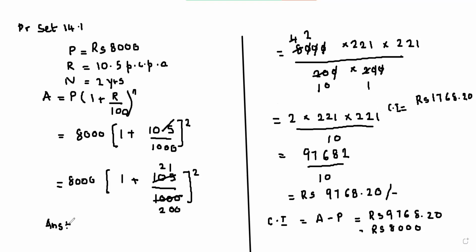The compound interest payable by Shalaka is rupees 1768.20. Is that clear?